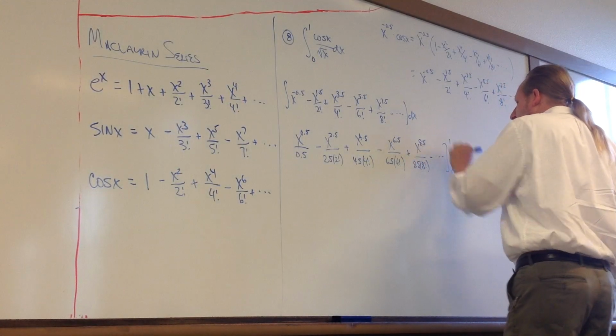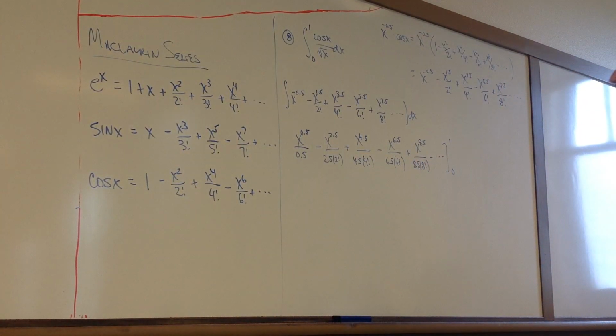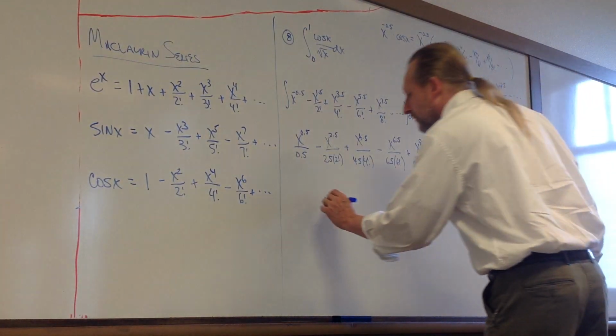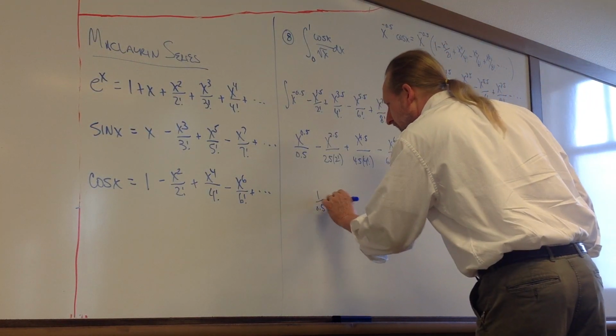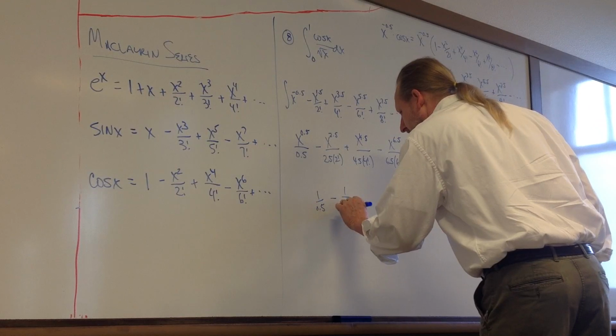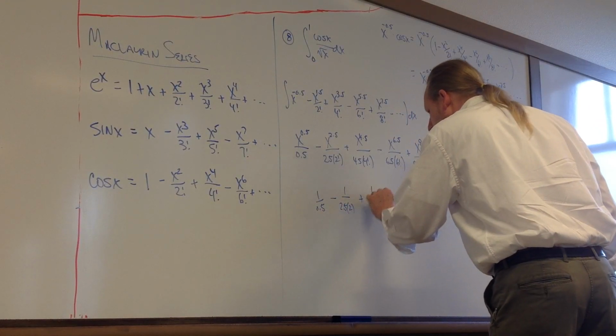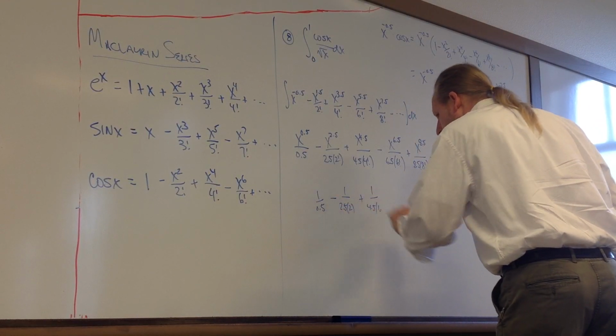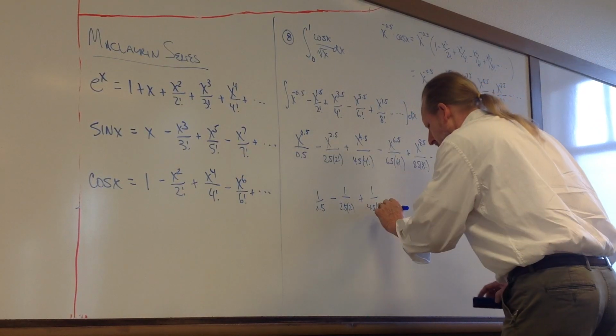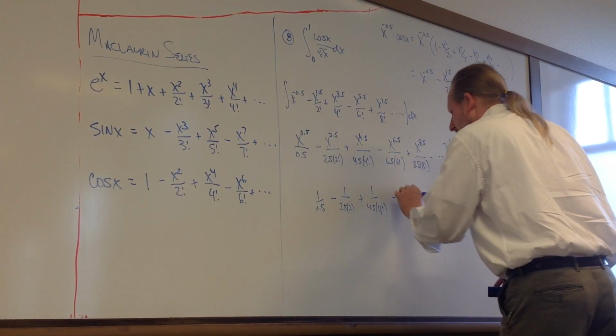And that should be plenty of terms to give us an accuracy to the third decimal place. So here are the fractions that we need to calculate with 4 factorial. There we go.